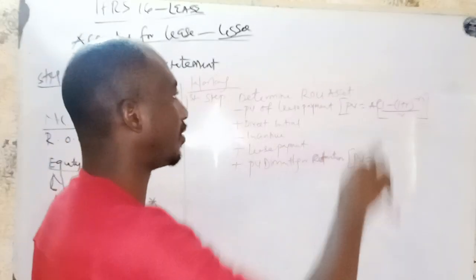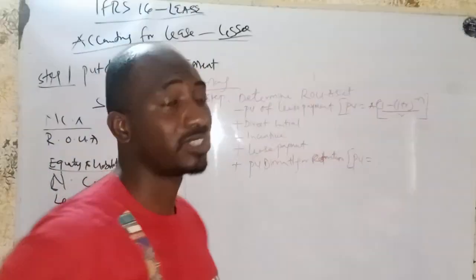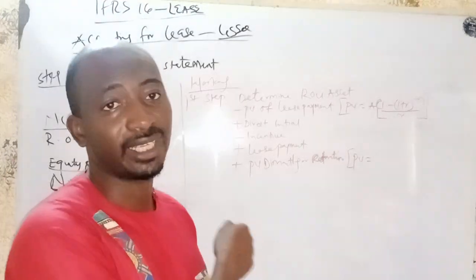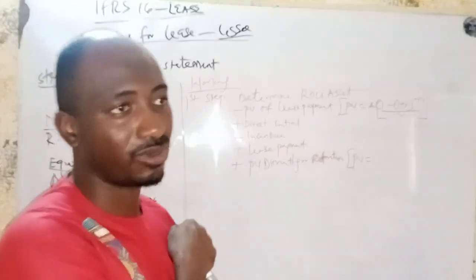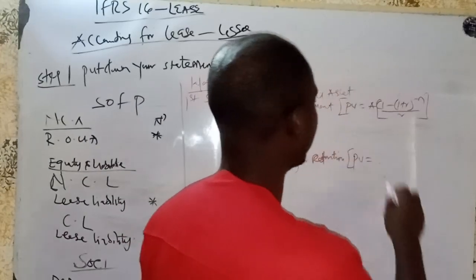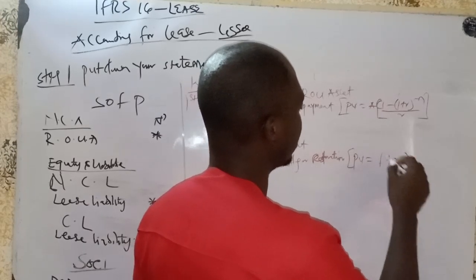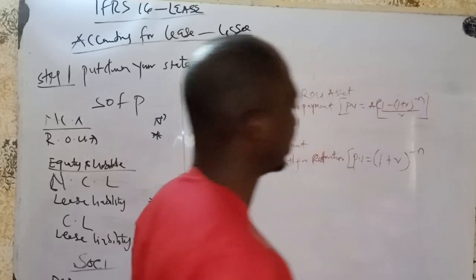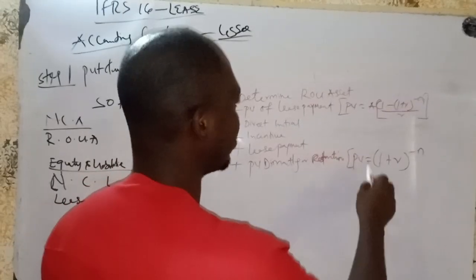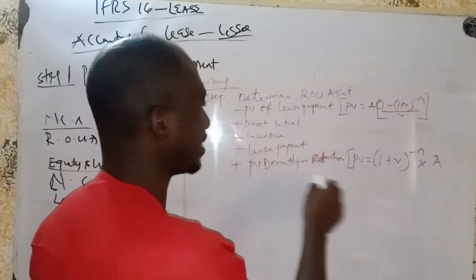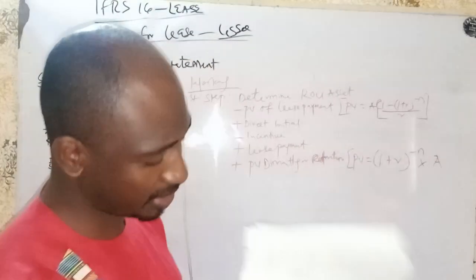But for the dismantling or restoration costs, it will be maybe at the end of the lease contract. So if it's at 5 years, all you need to do is get your discounting factor by saying 1 plus R raised to power minus N. Whatever you get there, you multiply it by A. A is the amount, to give you the present value.